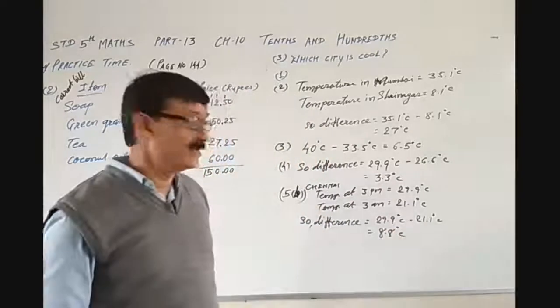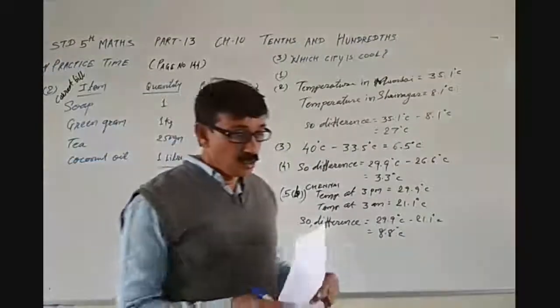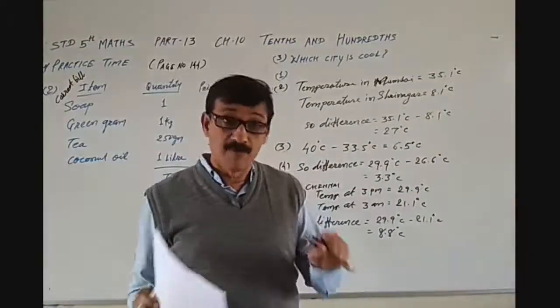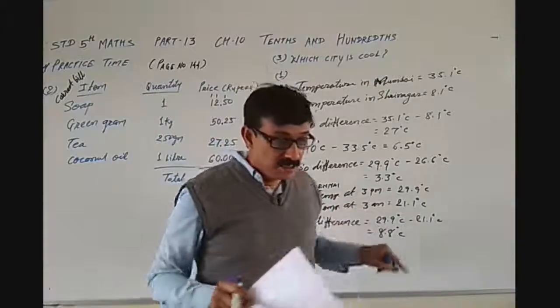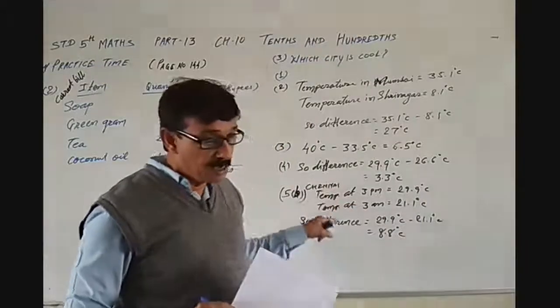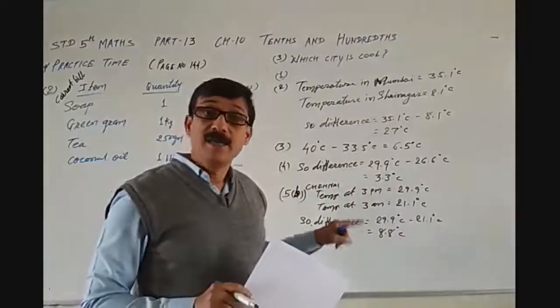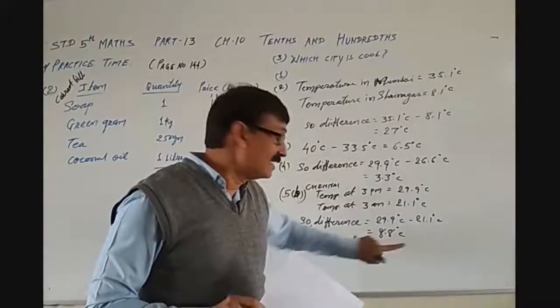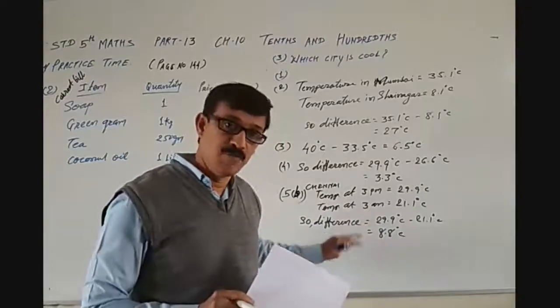That is why 8.8 degrees Celsius. So once again you have to answer, thus the difference between temperature at 3 p.m. and 3 a.m. in Chennai is 8.8 degrees Celsius. This could be the answer.